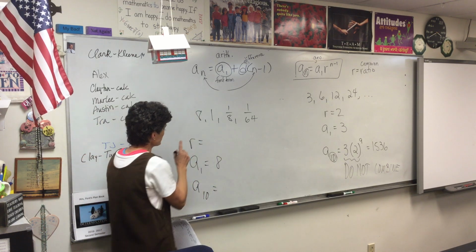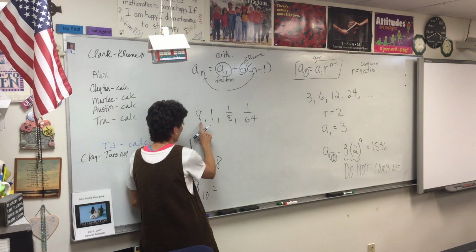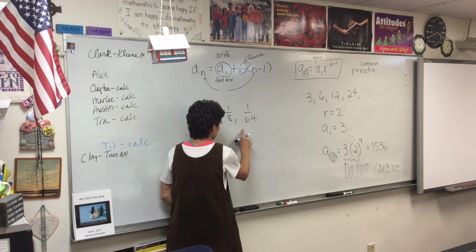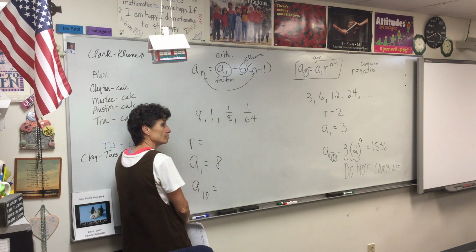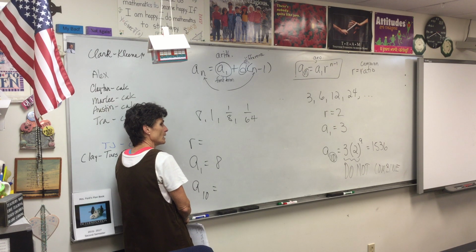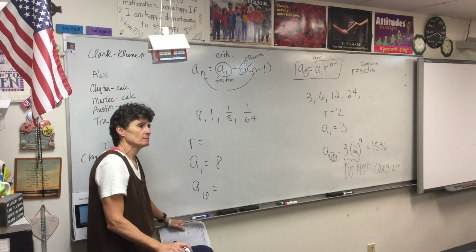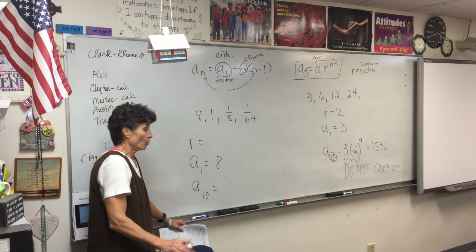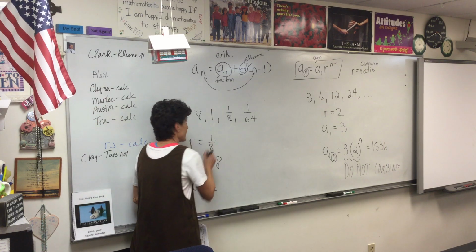What is the ratio? Can you tell? What are we multiplying by to get from term to term here? We're not timesing by 8. 1/8. We're multiplying by 1/8.